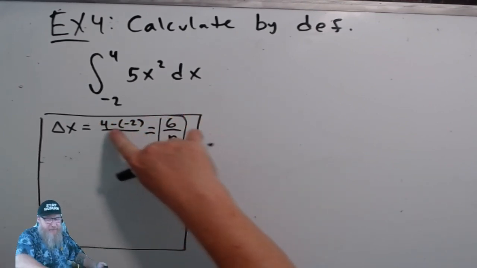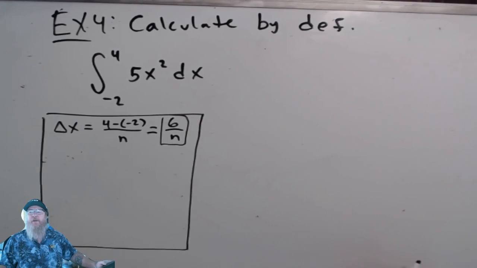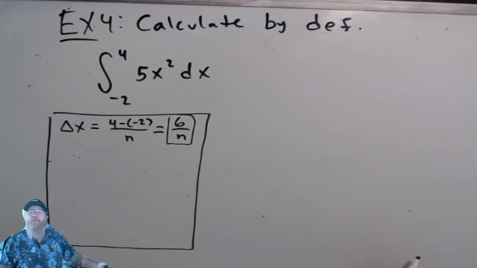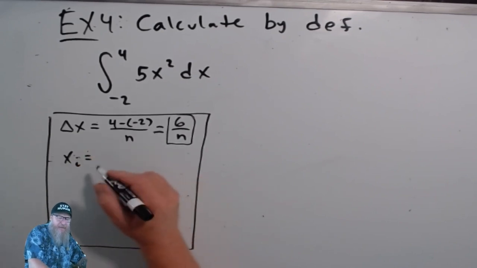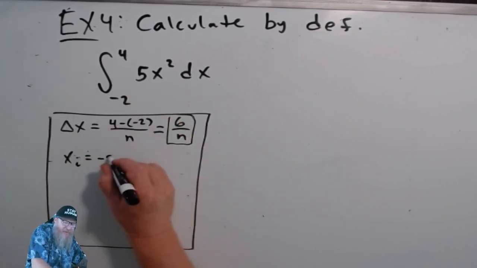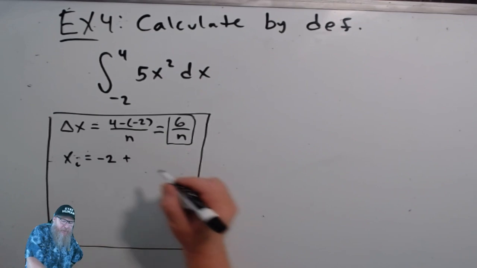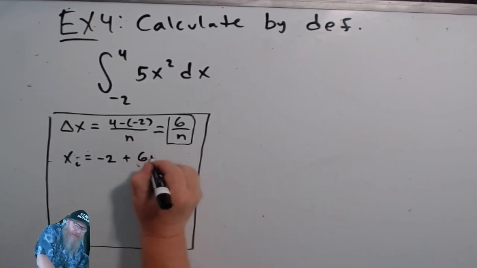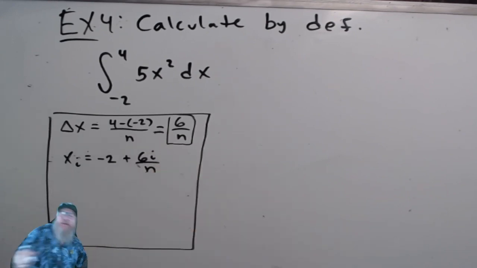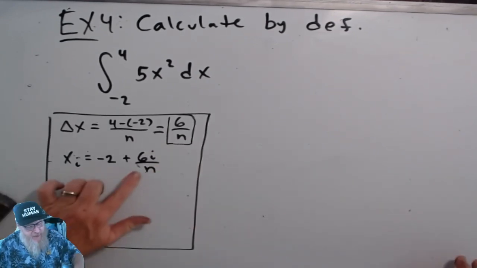Negative is a positive, so that's 4 plus 2, 6 over n. Xi is a, so negative 2 plus i times delta x. So that's going to be 6i over n. Right? It's a very similar pattern as last time.